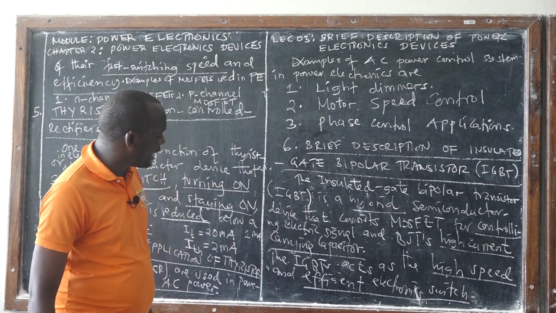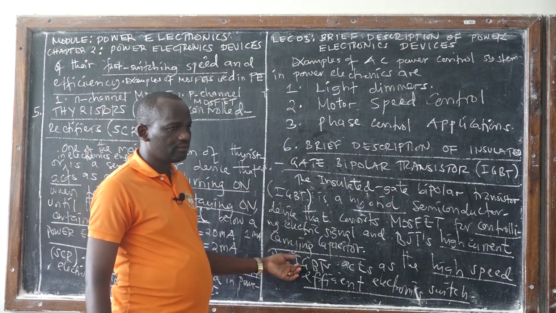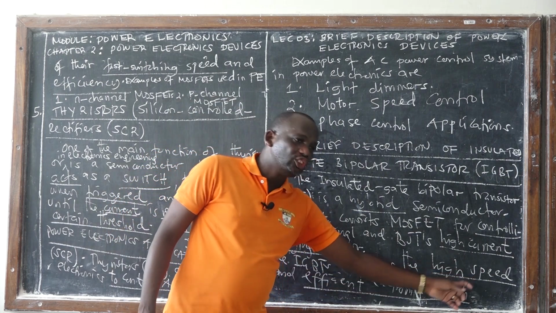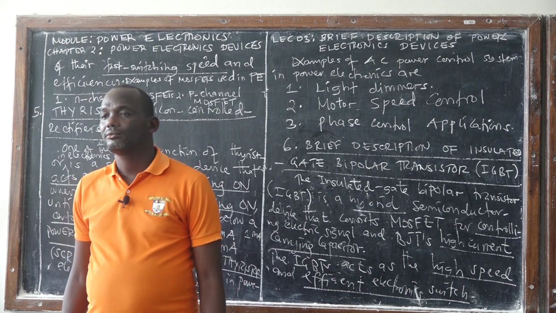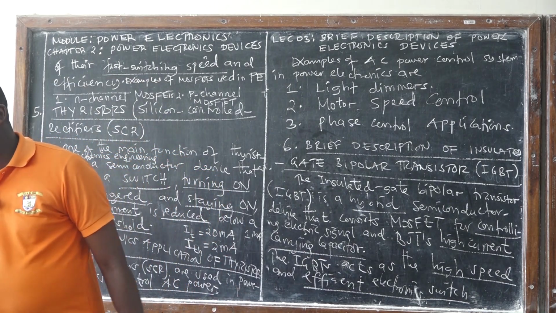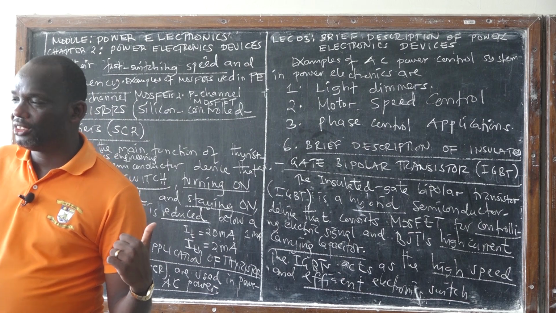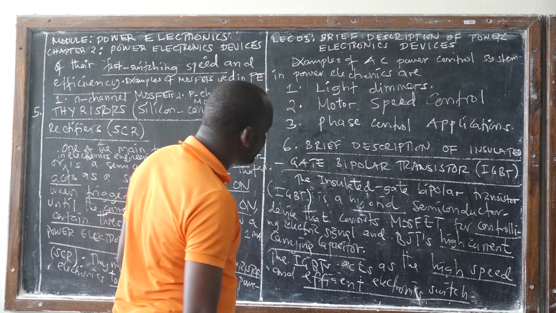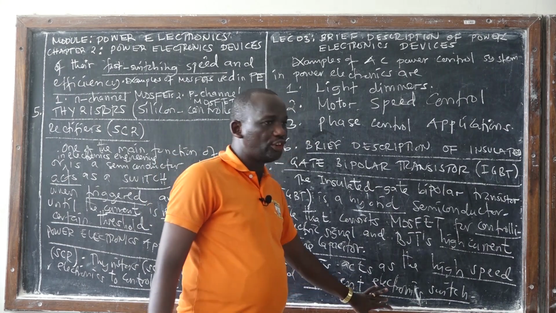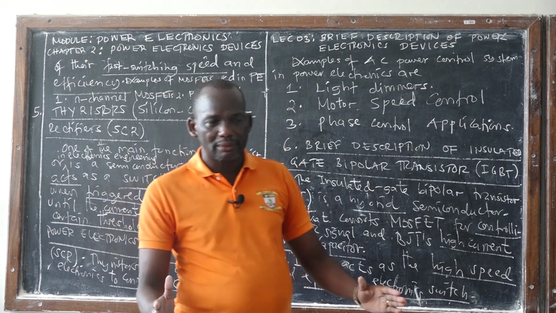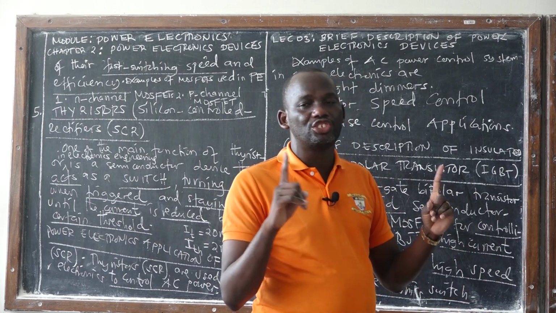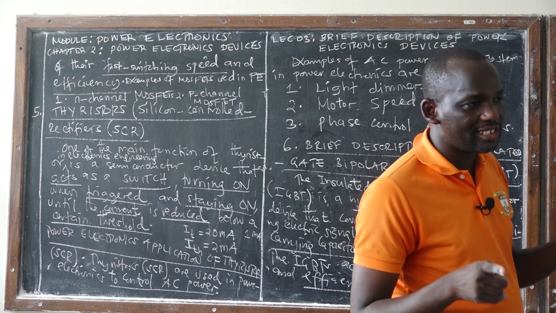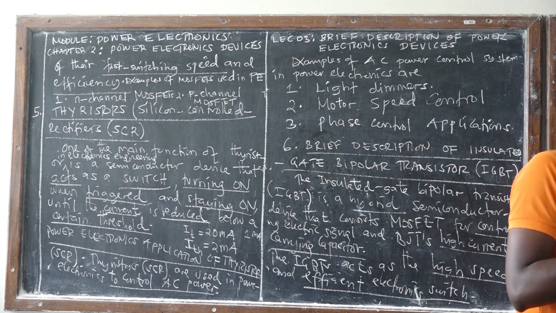But again, we say the IGBT acts as a high speed, most efficient electronic switch. Where did it get the high speed? From the MOSFET. Remember that bipolar junction transistors are not high speed electronic switches, but field effect transistors are.